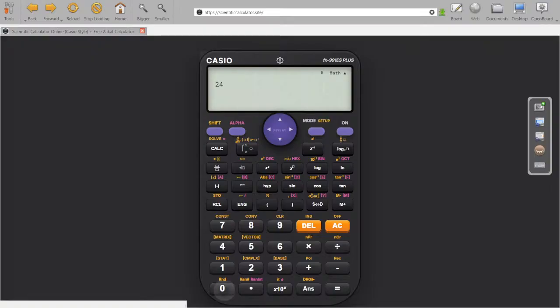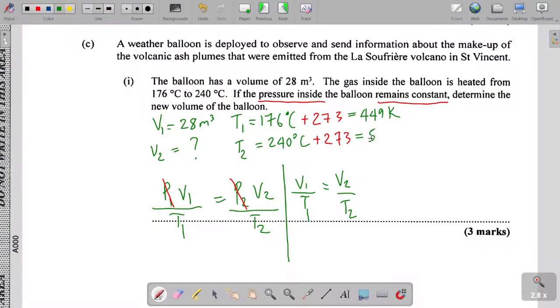That should give us an answer of 513. So 513 Kelvin, right? And once we have our units in Kelvin, then we can go ahead and plug in the information for the equation.